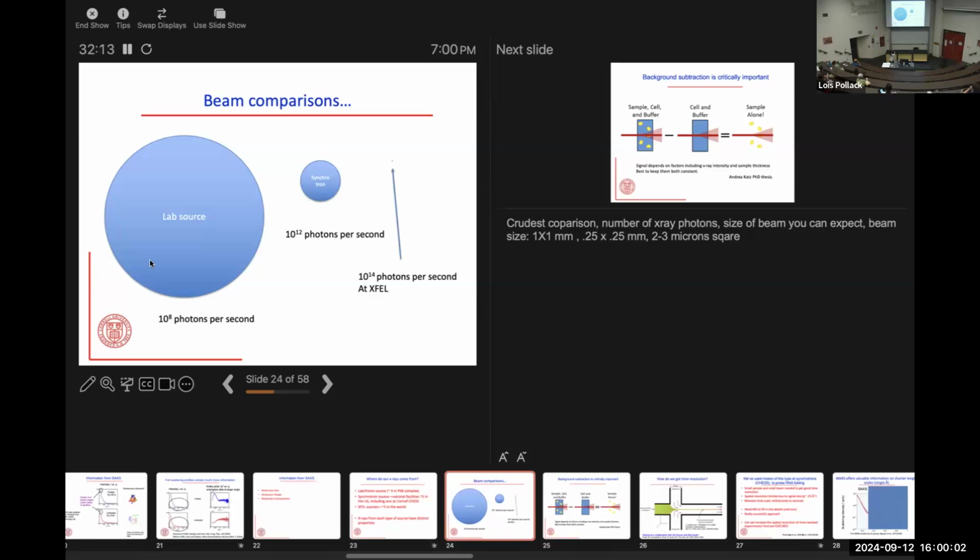At a synchrotron, we get 10 to the 12th photons per second into something that's about 100 microns, 1/10 of a millimeter by 1/10 of a millimeter. At the X-FAL, we get 10 to the 14th photons per second into that teeny tiny dot, okay? So the number goes way up and the size goes way down, and that's going to be important.